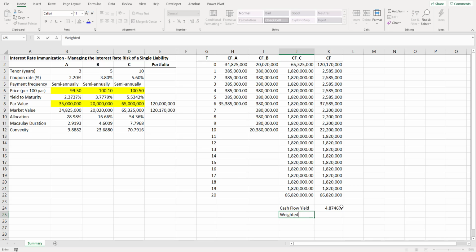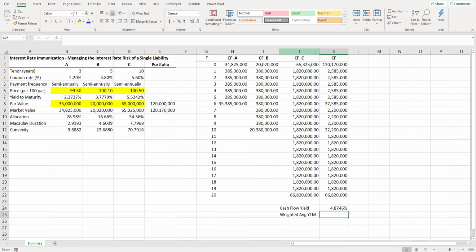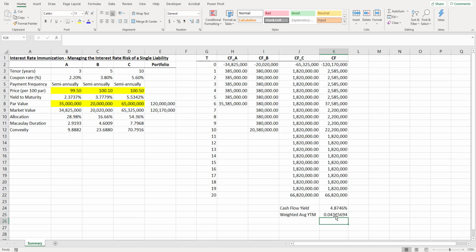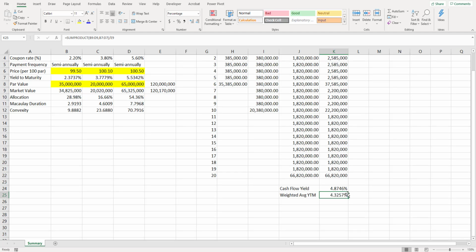So if I were to use a weighted average YTM, I'll take the sumproduct of the market value and the yield to maturity, and then divide it by the total market value. So that's actually 4.3257%.